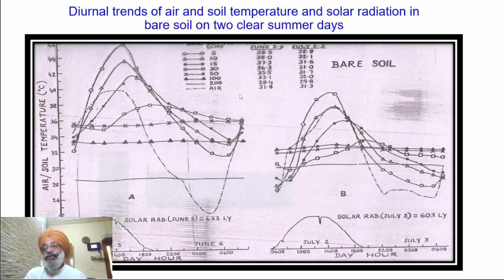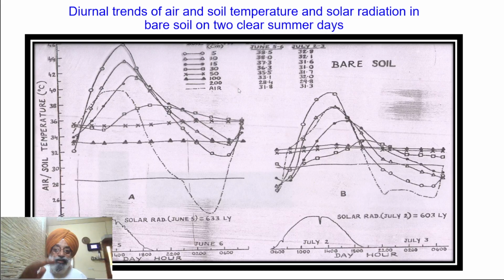Now diurnal fluctuation in soil temperature, that means the difference between the peak temperature, maximum temperature and minimum temperature at different soil layers, was 14.5 degrees centigrade at 5 centimeter, then it decreased to 10.8 at 10 centimeter, 8.4 at 15 centimeter and 3 degrees centigrade at 30 centimeter.